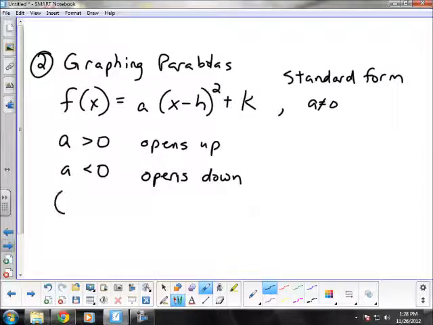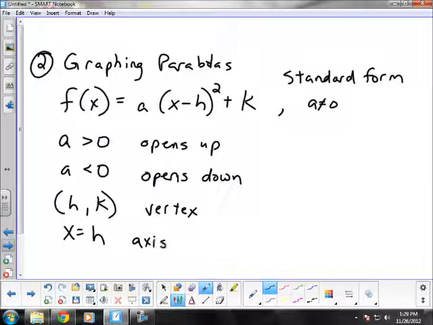What about h and k? They're going to be numbers, right? Anybody remember what those numbers are? It's the vertex, right? That gives me the exact location of the vertex. So if that's the location of the vertex, then x equals h has to be the equation for the axis of symmetry. Right? So x equals the x-coordinate of the vertex.